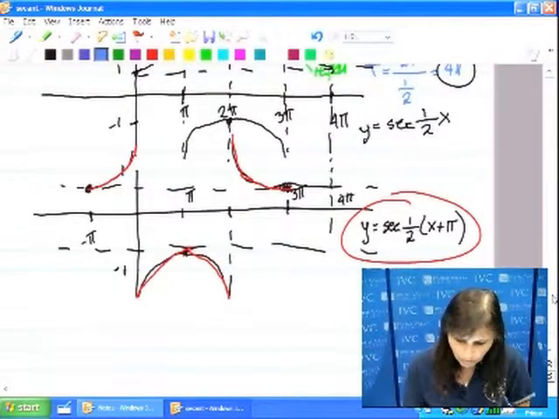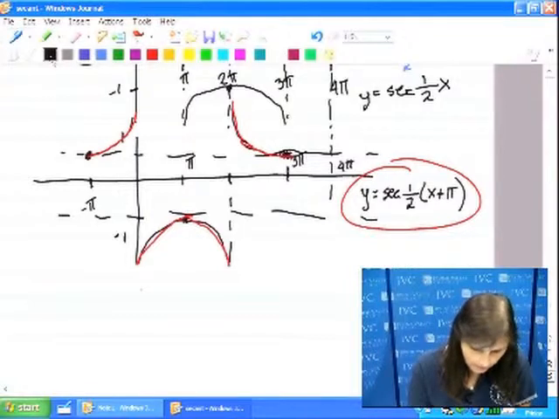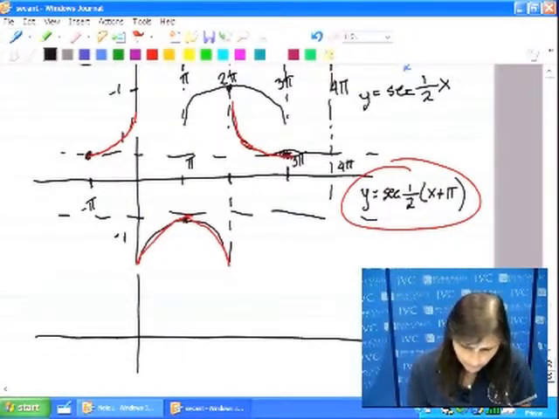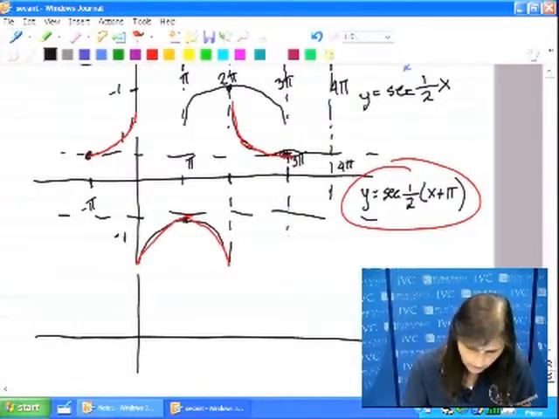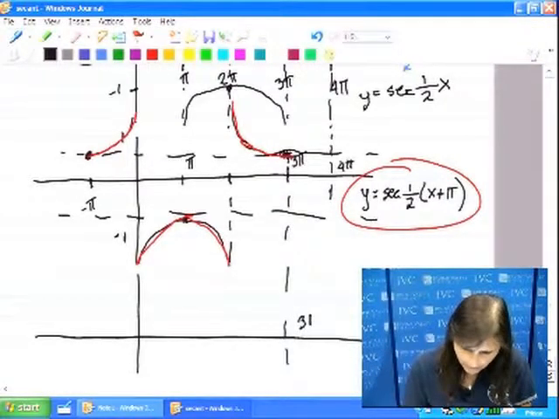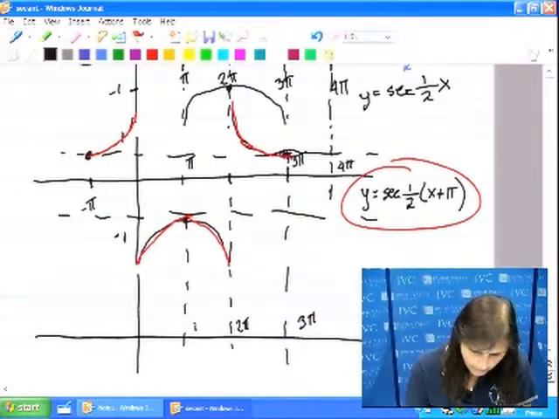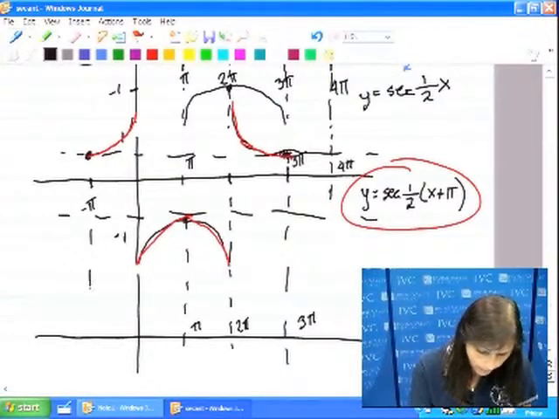It's kind of hard to see, so I'm going to draw this thing one more time. This is going to go from 3 pi, 2 pi, pi, negative pi.